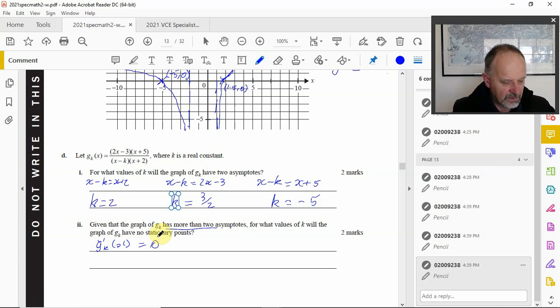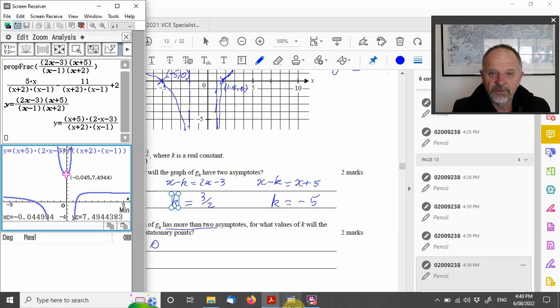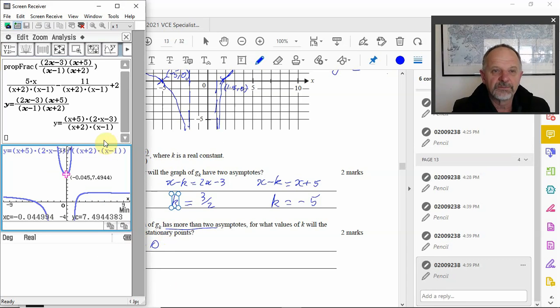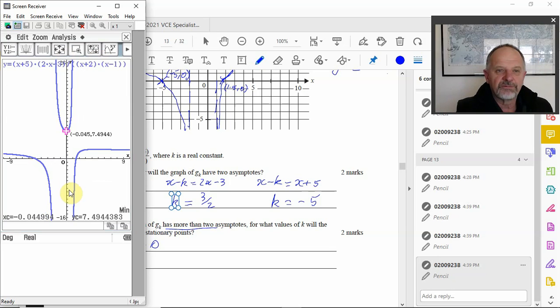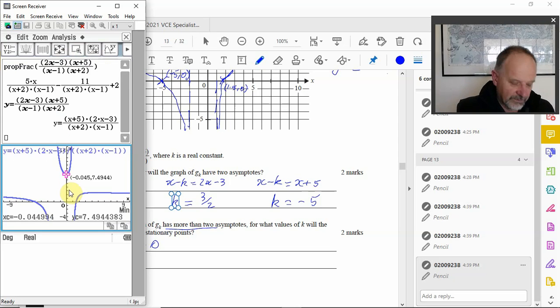All right. So we need to get our calculator out and find out what that derivative would be. And so let's get rid of our graph, the wrong one. There we go.